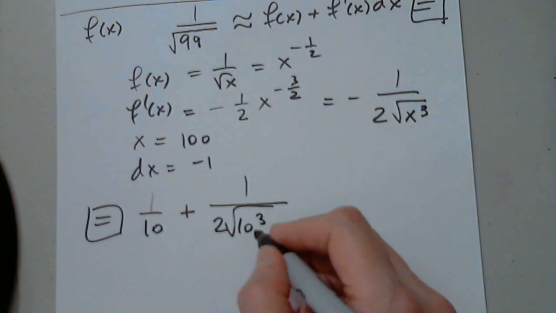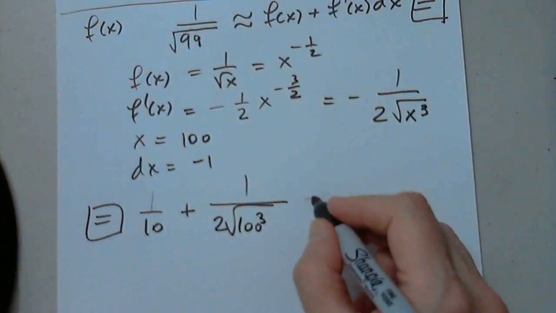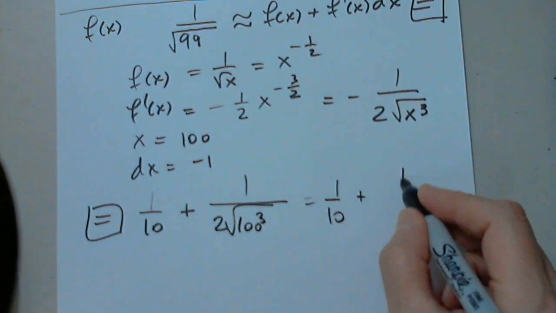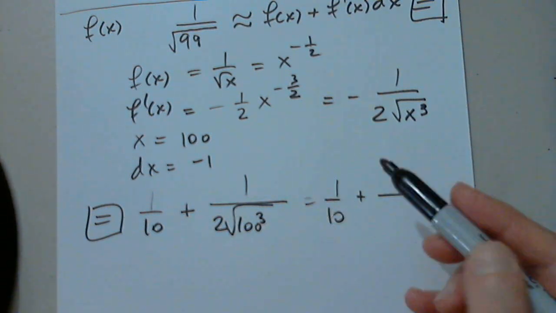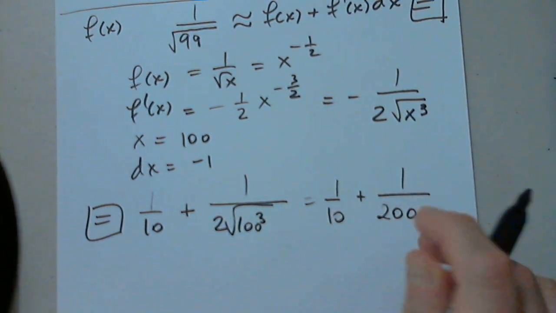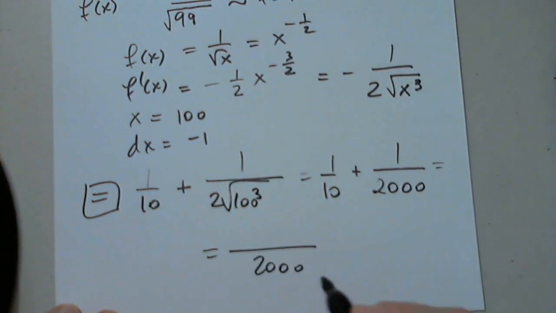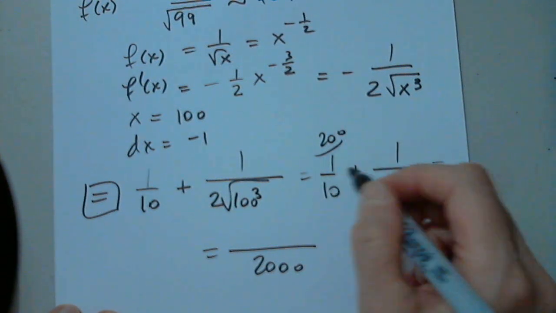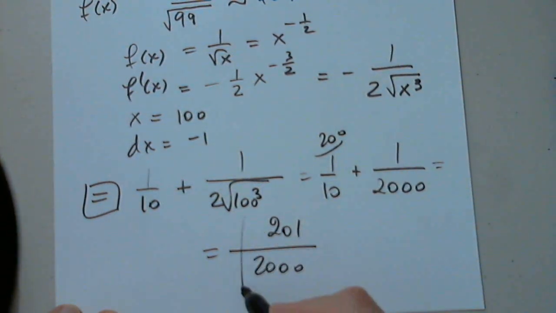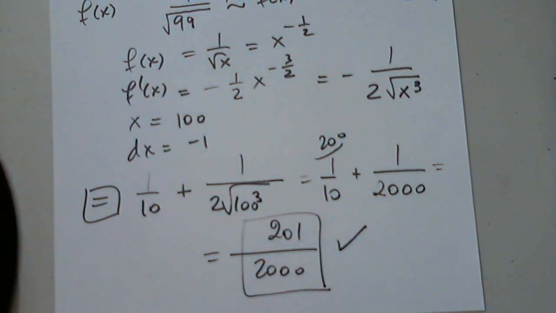I meant 100, of course, 100 to the third. So then I have 1 over 10 plus 1 over the square root of 100, which is 10, 3 times. So the least common denominator is 2,000, and here I have 200. So 201. And this is it. Of course, it has to be kept in a fraction form.